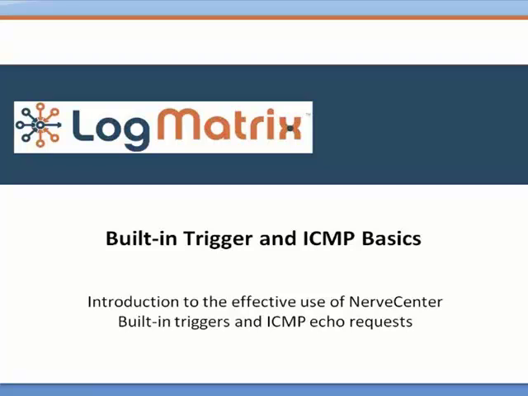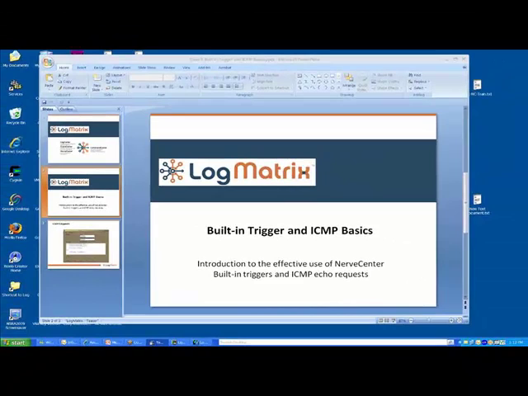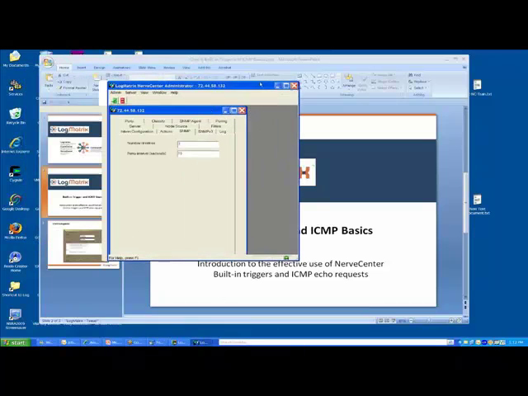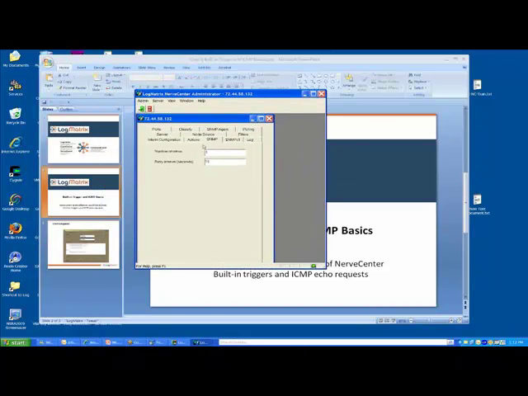What we do as NerveCenter administrators is we configure our NerveCenter to know about these responses, how many times we're going to retry, and what we're going to do with the outcome. And that is set here in the administration window on this tab for SNMP.